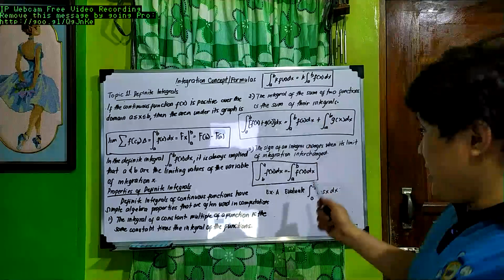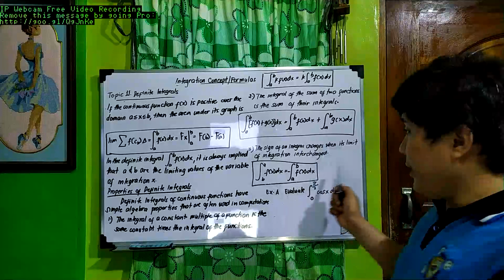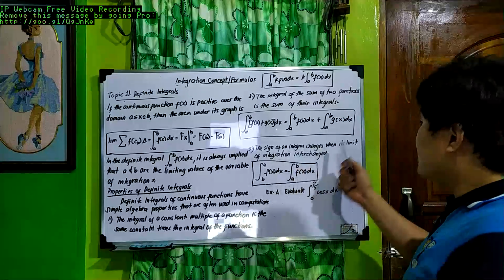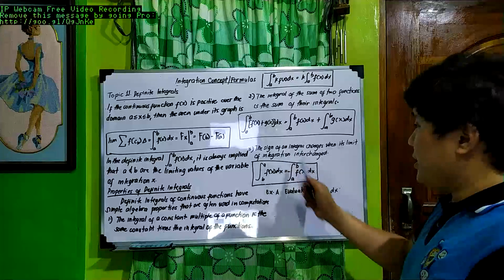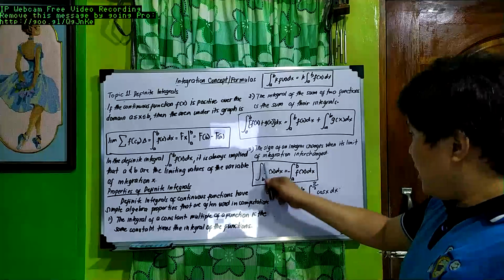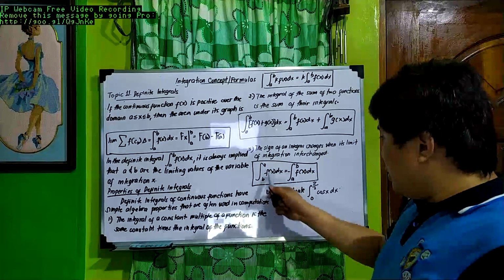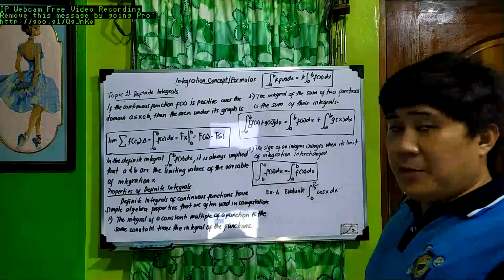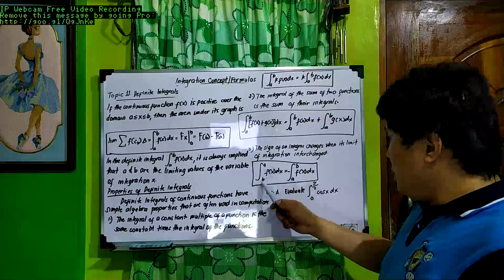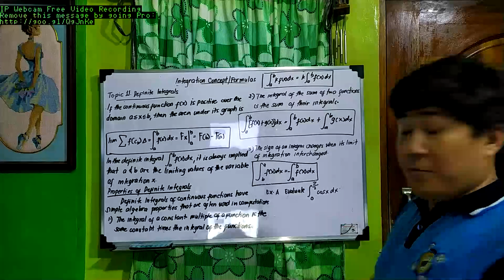The last one is important to remember: the sign of an integral changes when its limits of integration are interchanged. We all know that the lower limit is a and the upper limit is b. But in this case, your lower limit becomes b and your upper limit is a.